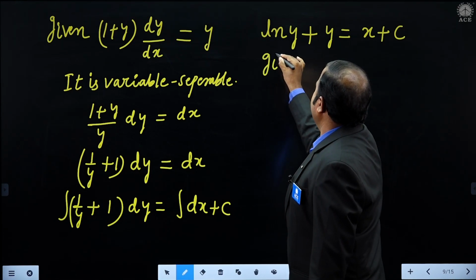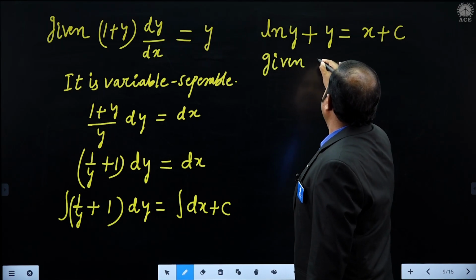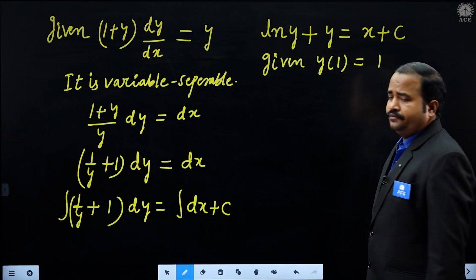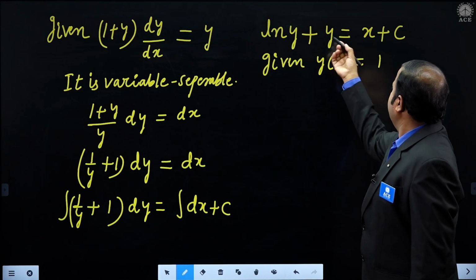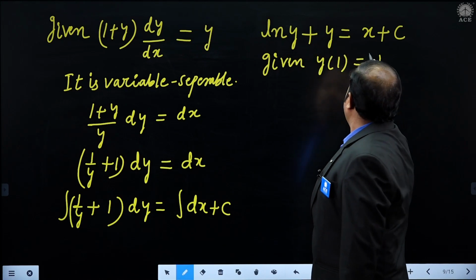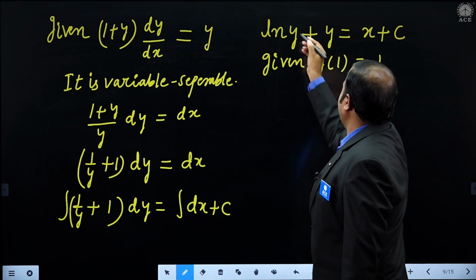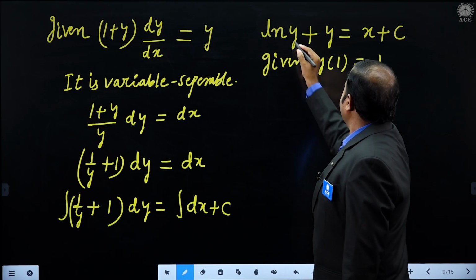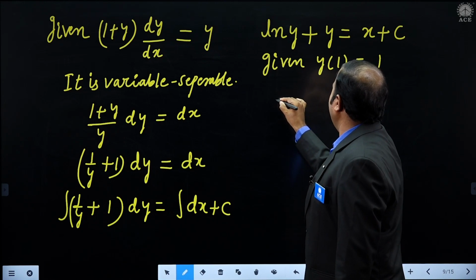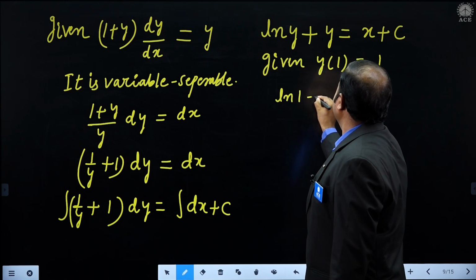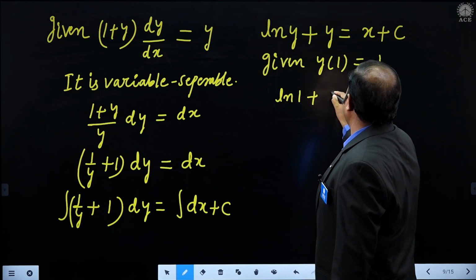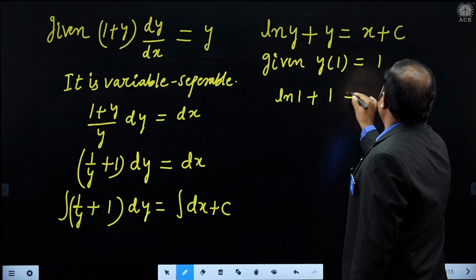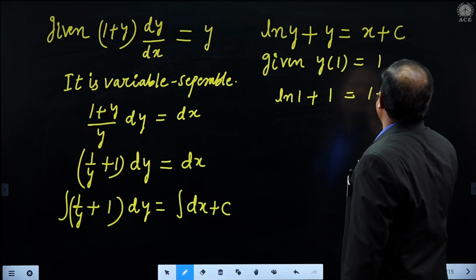That is, given y of 1 equal to 1, put x value 1 and y value 1. So log 1 plus this one is 1 only, right? equals 1 plus c.